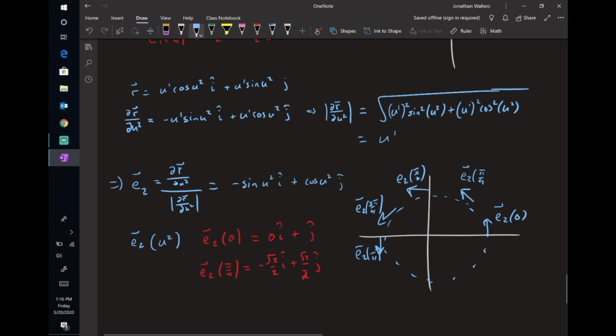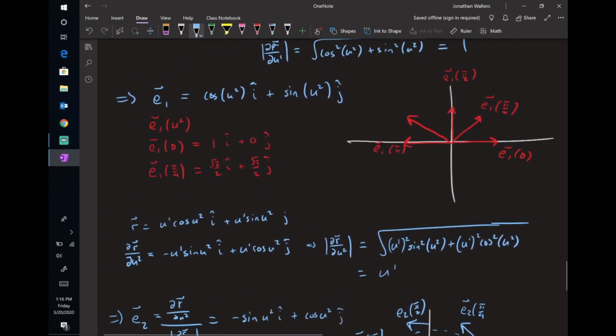So the only weird thing here really is the fact that we have basis vectors that change direction depending on where you are in the space in relationship to the origin. So that's the only weird thing going on. The idea is still the same. These are tangent to your coordinates. Theta goes around, r goes out from the origin. So if you look at these two, basically you have E1 there, you have E2 here.